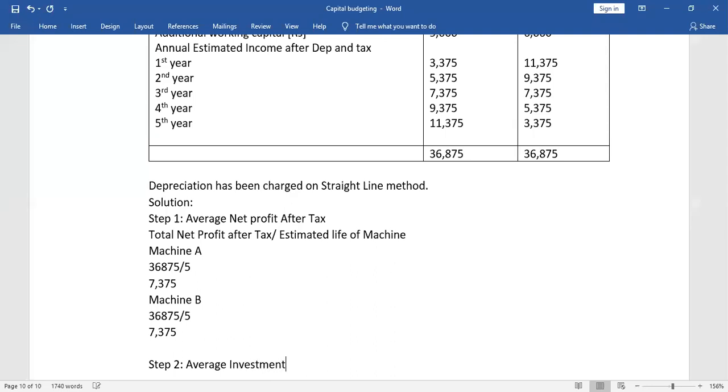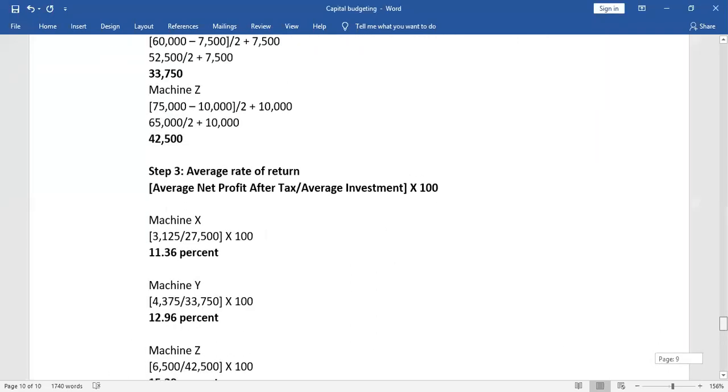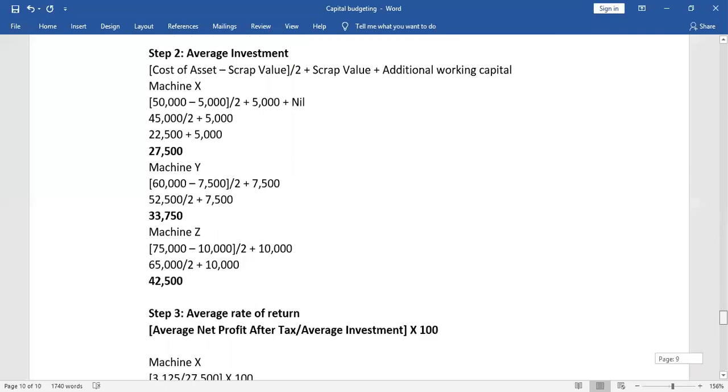Now average investment, we have the formula: cost of the asset minus scrap value, divide by 2, plus scrap value, plus additional working capital. So for that I will go above and copy the formula.